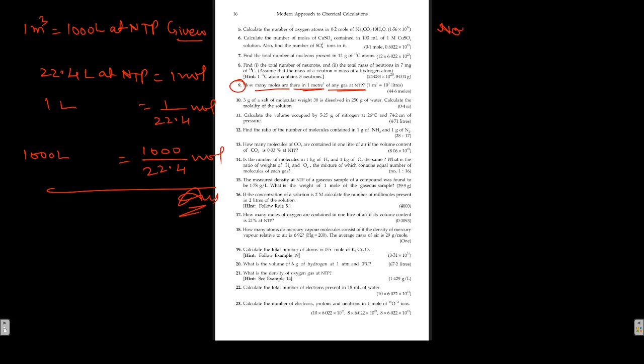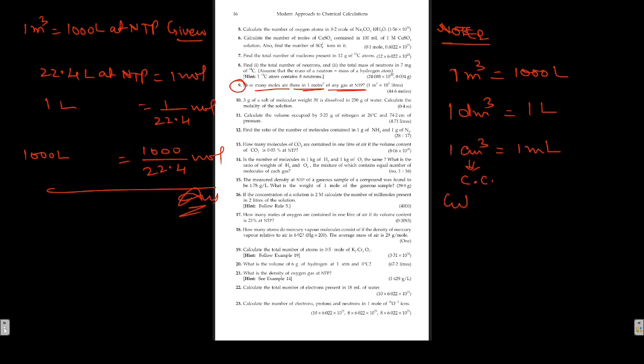You should note again: 1 cubic meter, or 1 meter cube, is equal to 1000 liter, and 1 cubic decimeter is equal to 1 liter, and 1 cubic centimeter is equal to 1 milliliter. This is also sometimes abbreviated as cc, cubic centimeter.